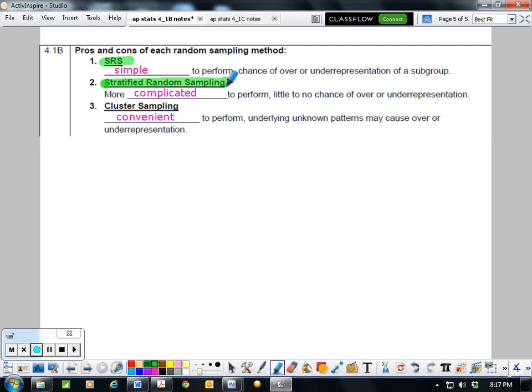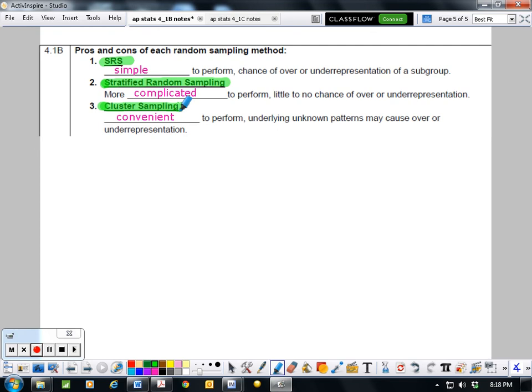So it really accounts for that. But again, a lot more work, a lot more thinking to make sure you're not biasing any of your results. And then cluster sampling, very convenient, but underlying patterns may cause over or under representation, and it may not be as accurate because of that convenience.